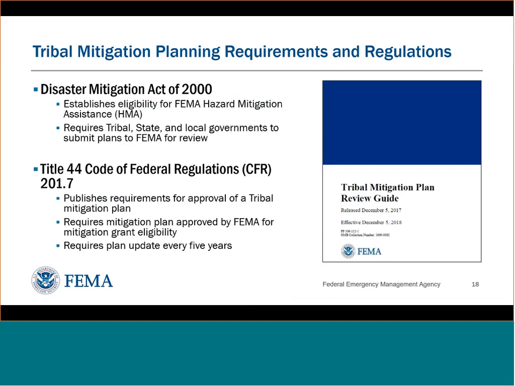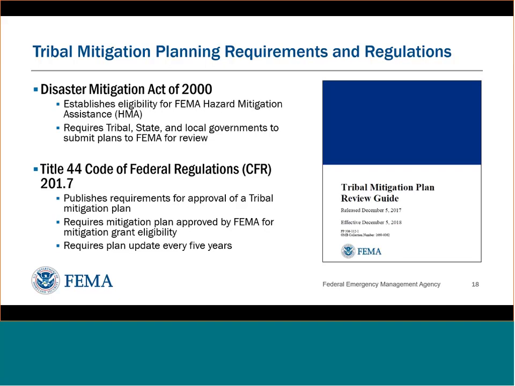And specifically, the Stafford Act requires states, tribes, territories, and local governments to develop and adopt a FEMA-approved hazard mitigation plan as a condition for receiving certain types of non-emergency disaster assistance, such as the hazard mitigation assistance grants like BRIC and HMGP. And so this really established that you have to develop a hazard mitigation plan in order to be eligible for these mitigation grants.